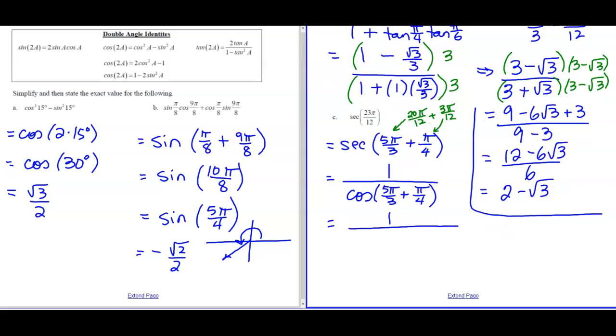If we do, we would then have here cos minus sine. Work on that.